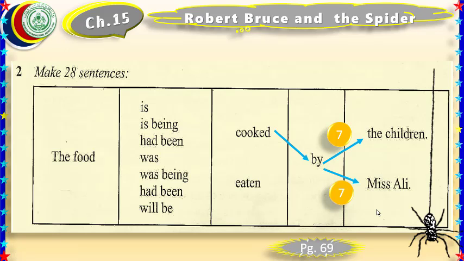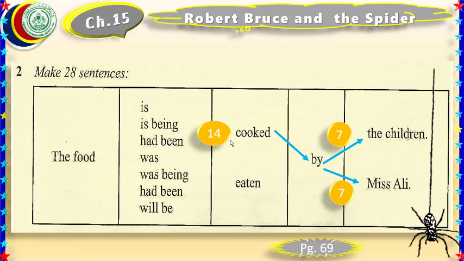How many sentences have we made? 7 by using the children, 7 by using Miss Ali. Okay, we have made 7 plus 7, 14 sentences. We have made 14 sentences by using cooked.